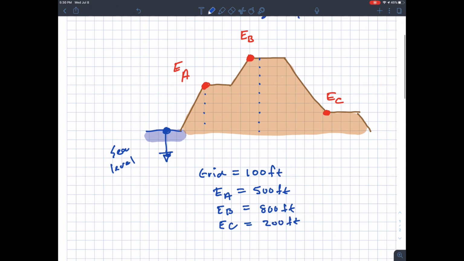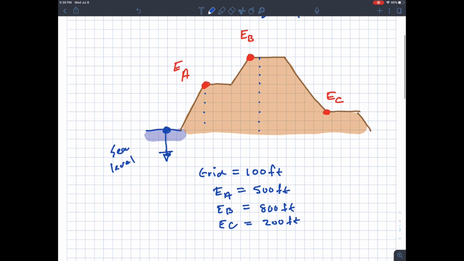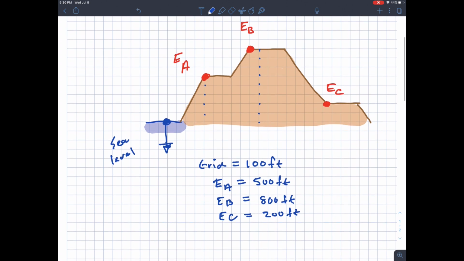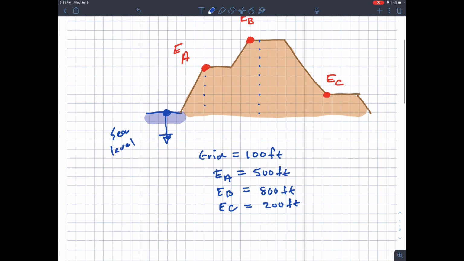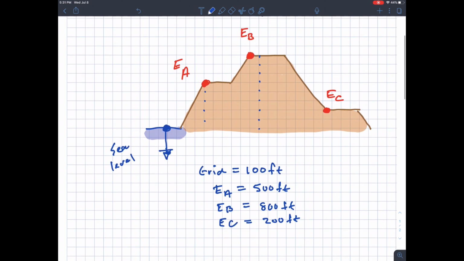All right, well and good. So I think it's obvious that if you wanted the elevation difference between points, you could just subtract the actual elevations, because we know that they're with respect to the same reference, and because they're with respect to the same reference, the differences will work out. So for example, it's really obvious that EB is 300 feet higher than EA.